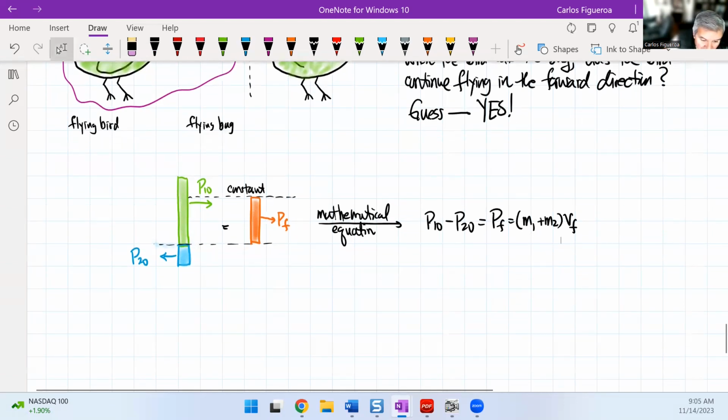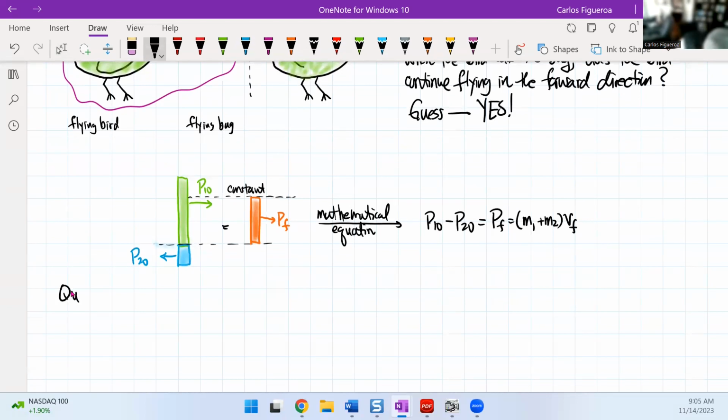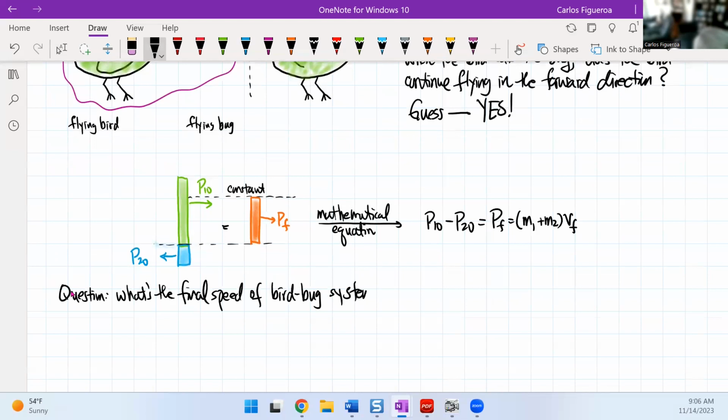So here we go. Actually, let's do it reversed here. So the question here: what's the final speed of the bird-bug system? The final speed is VF. So what am I going to do? I'm going to solve for VF.